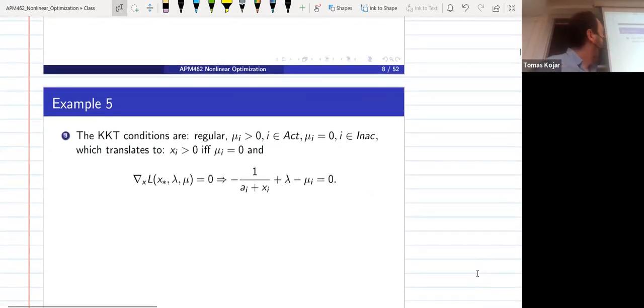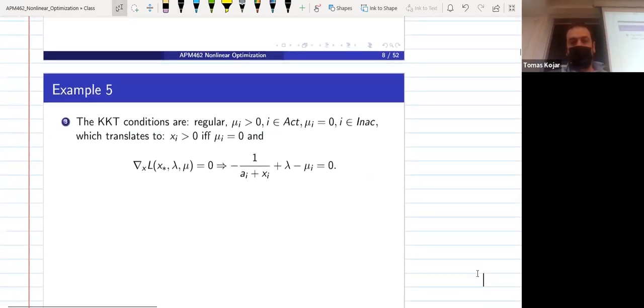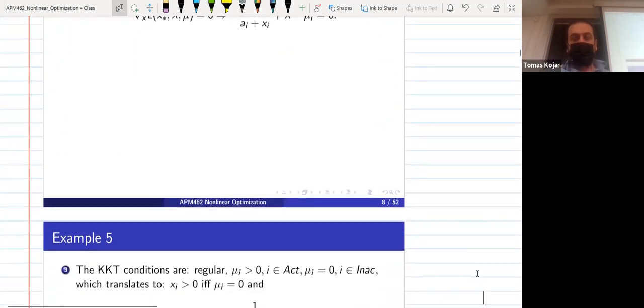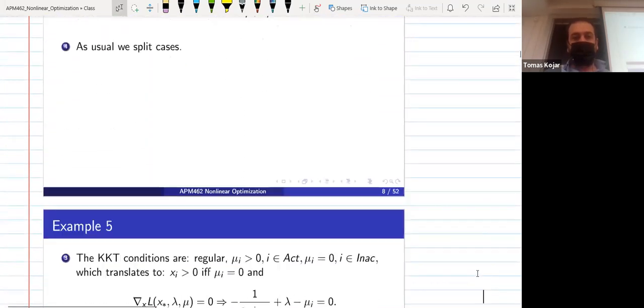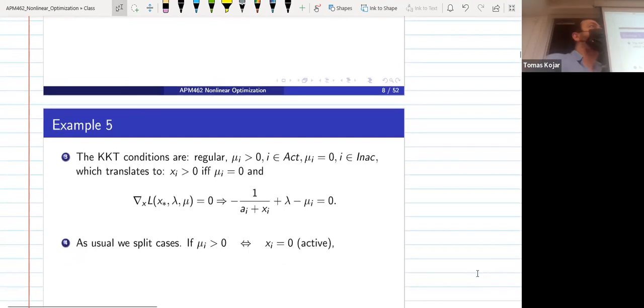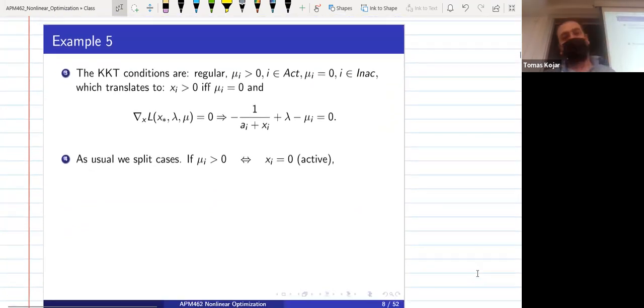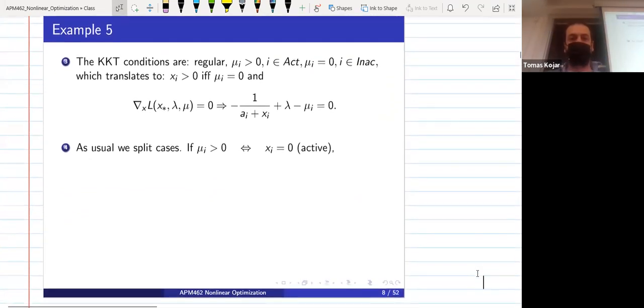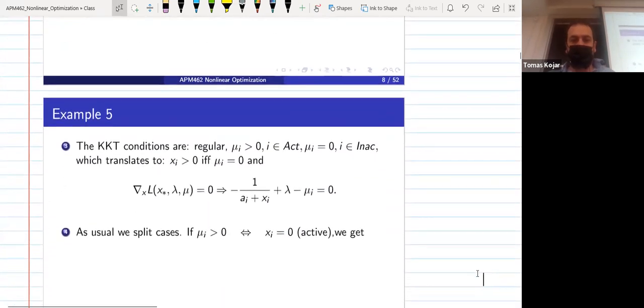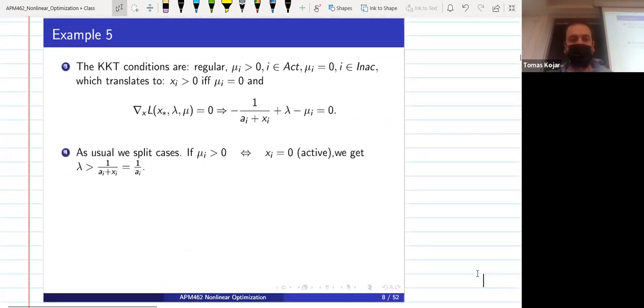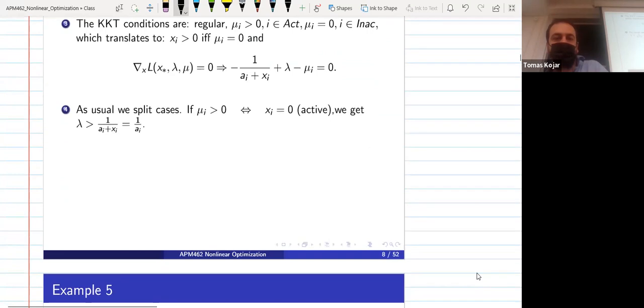So you have this system. But you're lucky, it got decoupled, so you can solve in X. You will go through active and inactive. First of all, say it's active. That means Xi is 0, and that tells you something about the AI, which we're going to use soon.